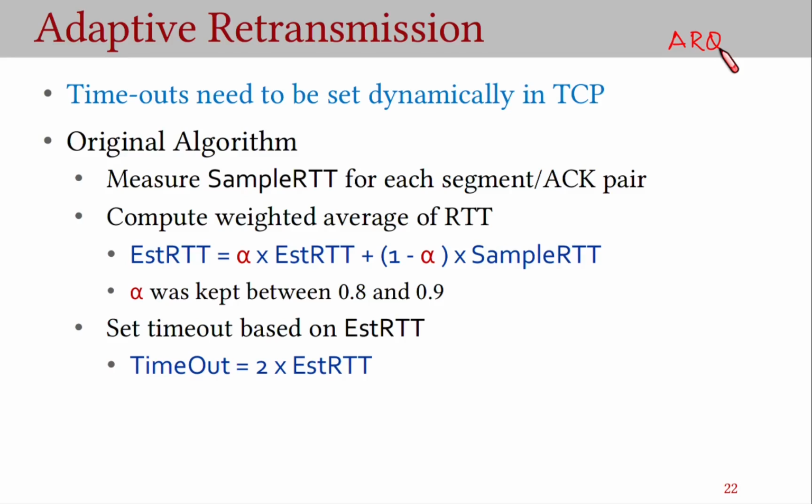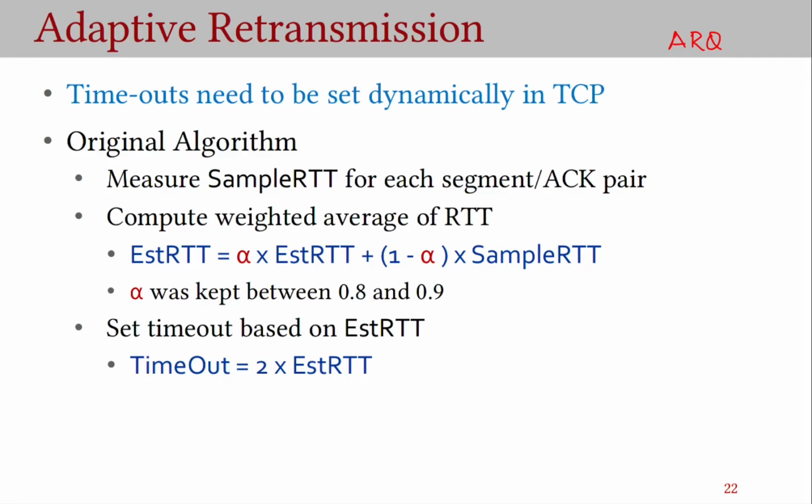So setting one fixed round trip time is not going to work. Even between the same endpoint pairs, the round trip time may vary over time, because of congestion, loads differing from router to router, different paths and so on. Therefore timeouts need to be set dynamically in TCP.